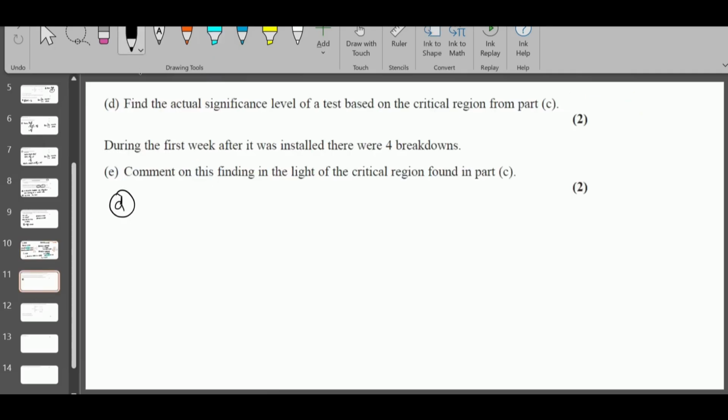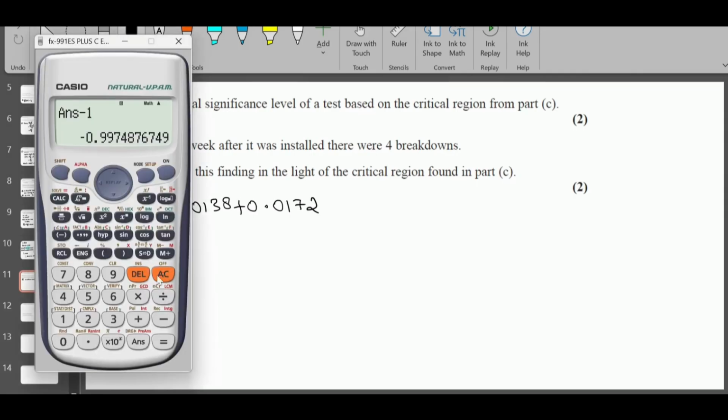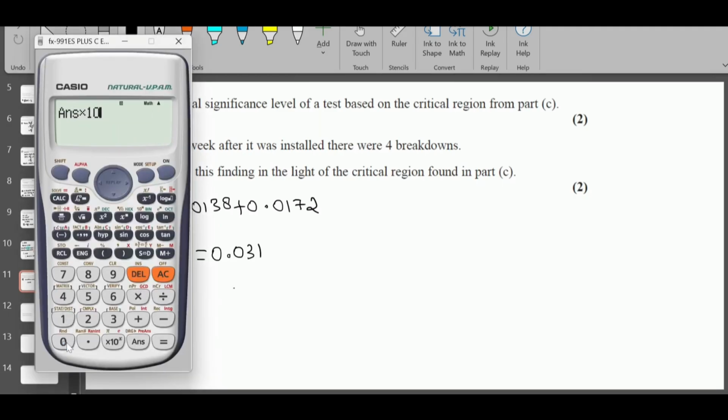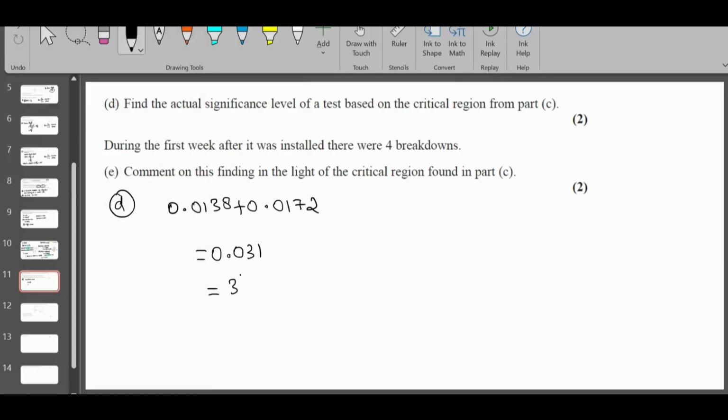So 0.0138 plus 0.0172. 0.0138 plus 0.0172 is 0.031, times 100. That's 3.1 percent. That's the actual significance level.